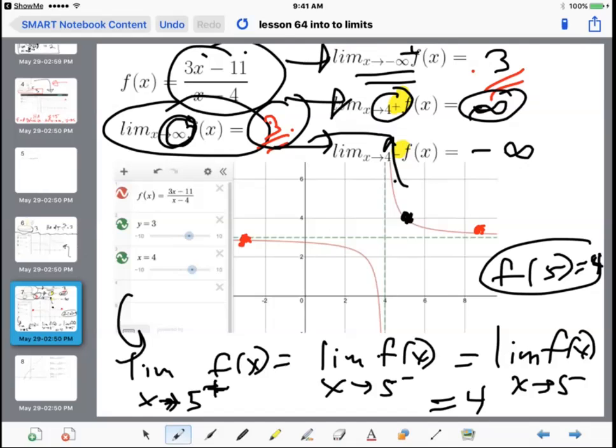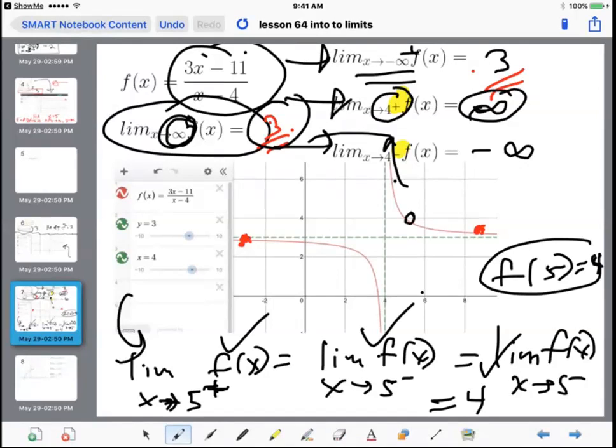But there is actually a subtle difference, because there may be a hole here at 5. And if there's a hole at 5, it would still be true that the limit of the function as x approaches 5 from the left and the right would be 4.